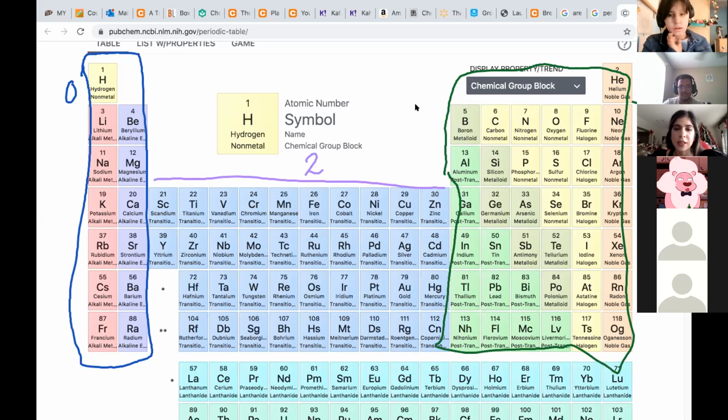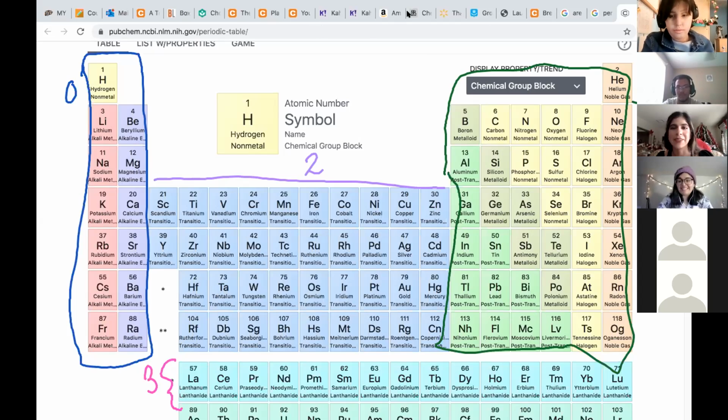And then this block down here, what L value will these have? 3. Cool. Is that better for you guys to visualize? Yes. Okay, cool. I'm going to stop sharing.